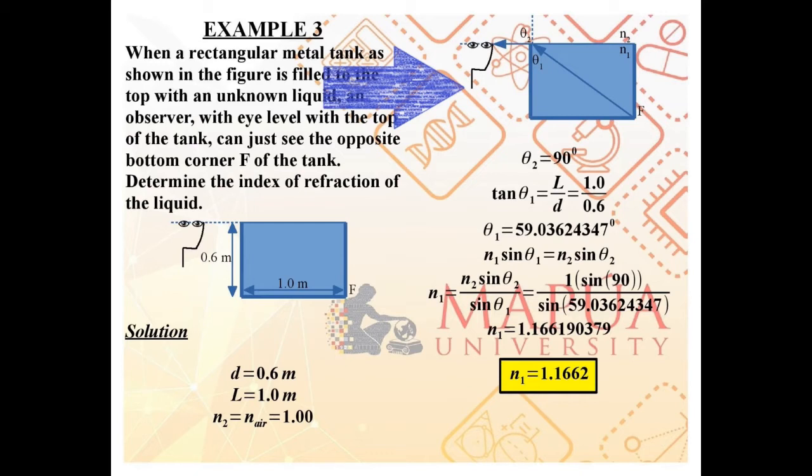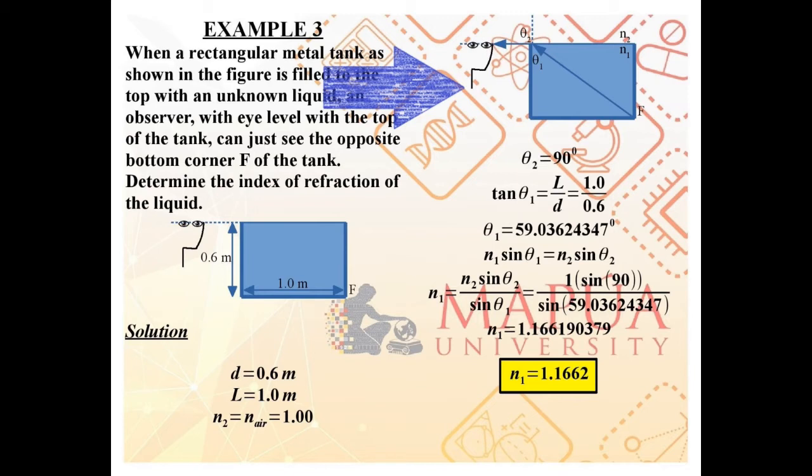So as you can see, light will travel from one medium to another. From the unknown liquid inside the metal tank, light will travel to air, and then light will be seen by the observer.